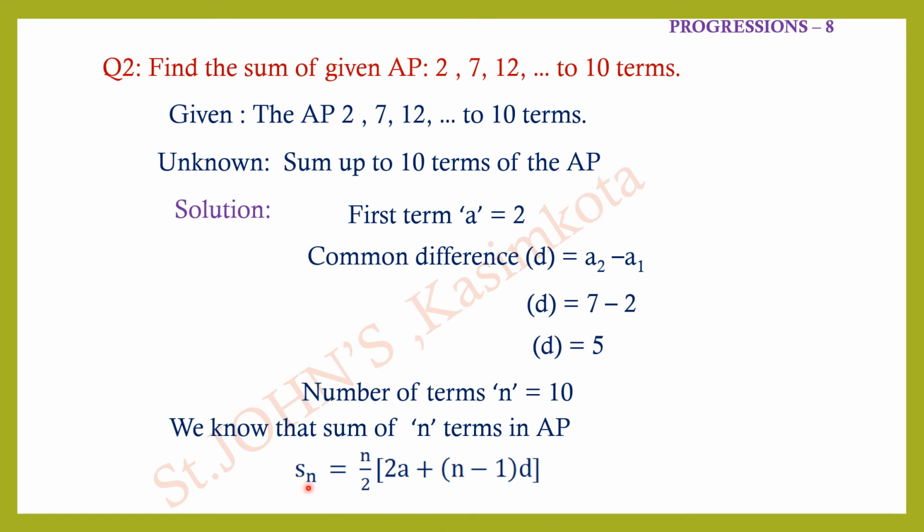Substitute these values in the given formula. n represents 10, sum of 10 terms, a means 2 and d means 5, common difference 5.